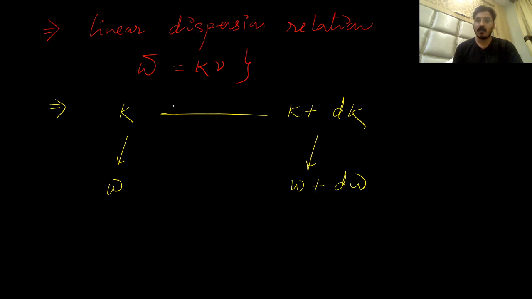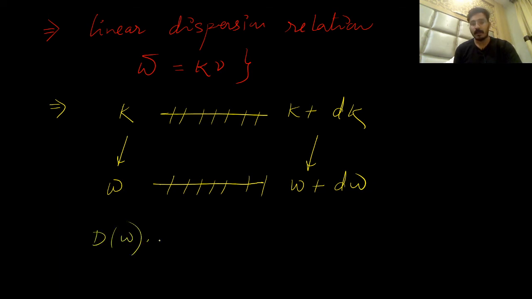If there are some states between k and k plus dk, then we can definitely show that the number of states between k and k plus dk will be equal to the number of states between omega and omega plus d omega. So the number of states in the frequency range d omega will be equal to the number of states in the wave vector range dk.